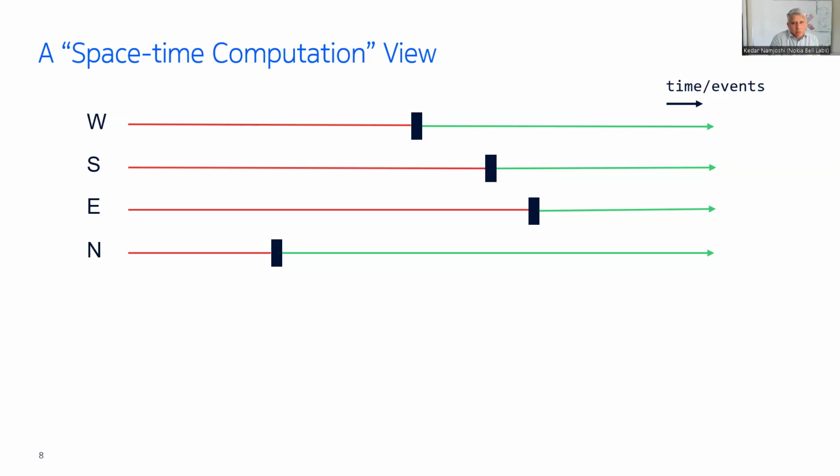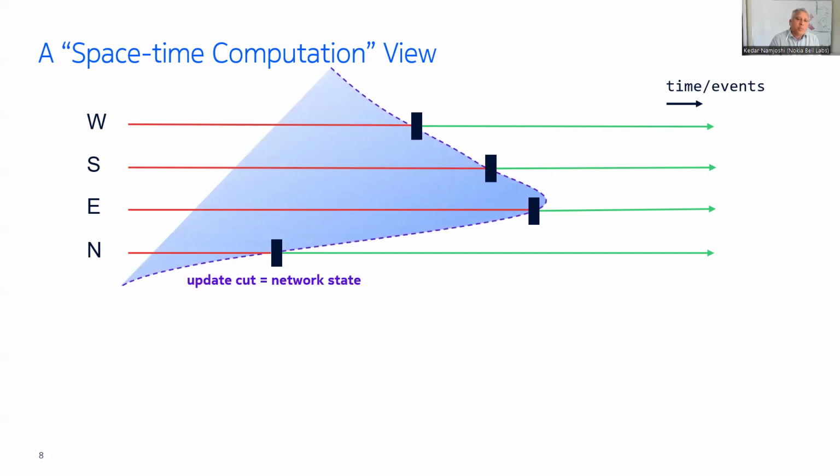Then it updates, which is the black bar, and then it proceeds along according to its green configuration. Now if you connect up all the update points, that defines a network state. We want to say intuitively that the entire network has updated at this particular state. And this joining together of points is called a cut in distributed systems.